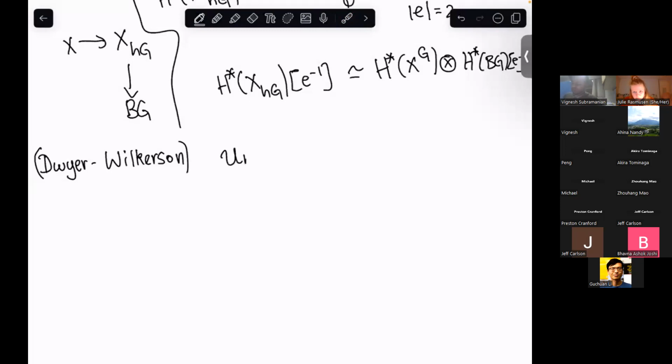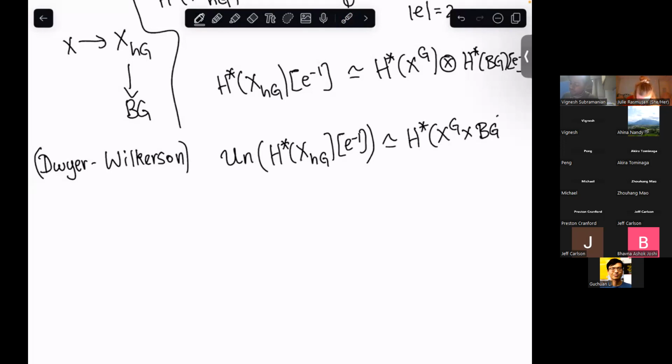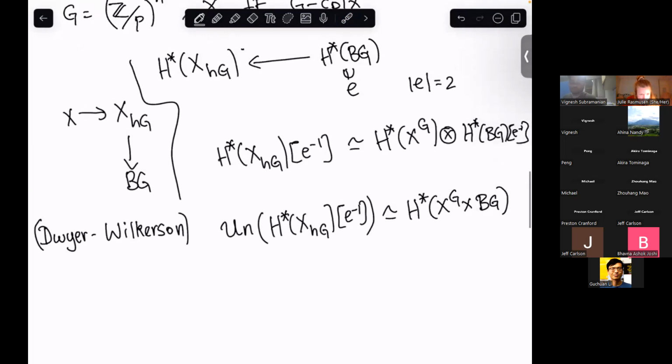And what they say is if you take the largest unstable module, that is, you pick out all the classes by hand which are unstable, then you exactly get the cohomology of X^G times B. That is, you can remove the localization out of the theorem. So why is this?